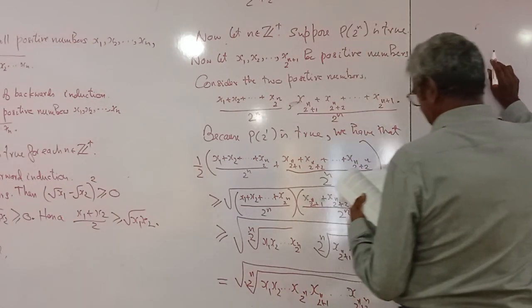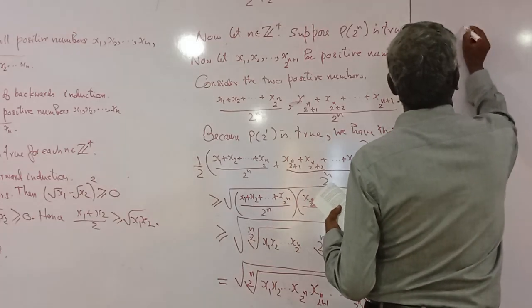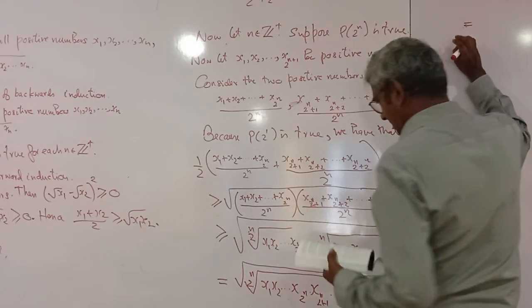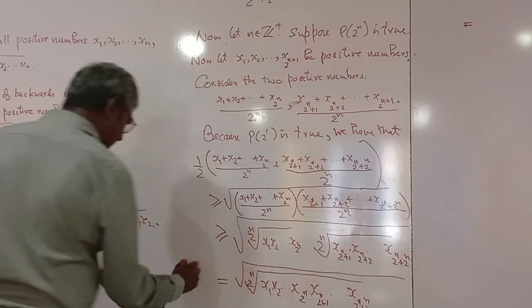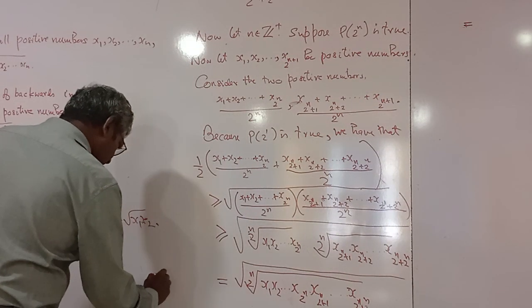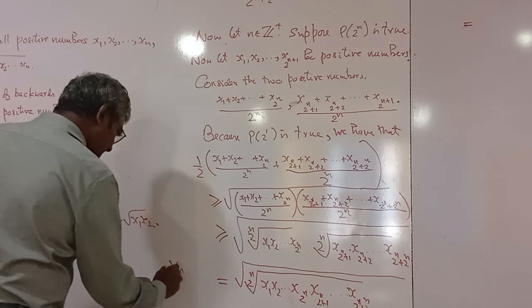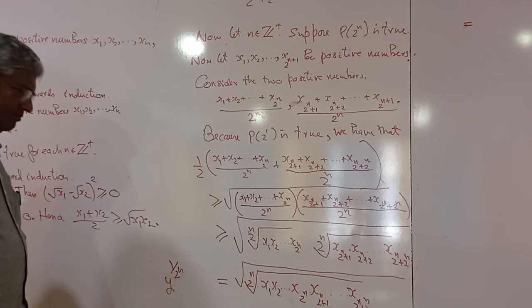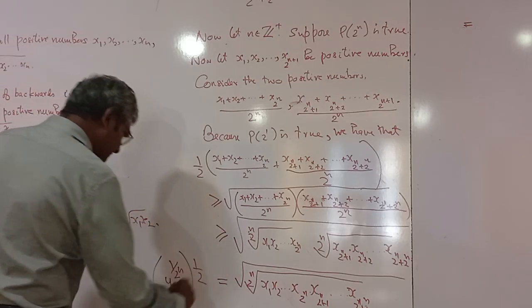So this is equal to, if I say that whole part is y, y to the 1 over 2 to the n, then I have to take the 1 over 2 power.